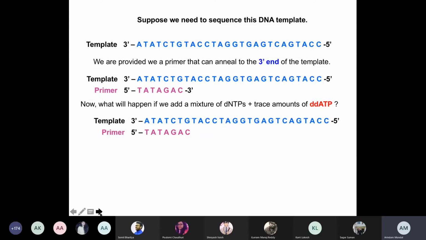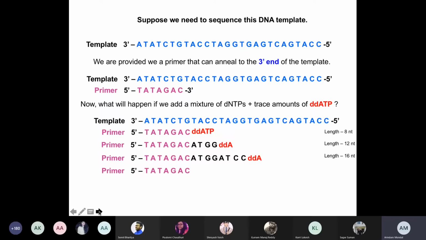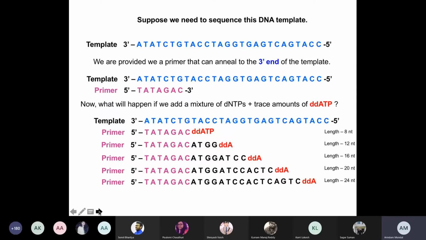For example, if you are using ddATP in one particular reaction, whenever there is a T, for example, this one, there will be a chance that it will incorporate ddATP at this position and it will generate a fragment of length 8, or it may generate a fragment of length 12 nucleotides, it may generate a fragment of length 16, 20, 24, like that, right?